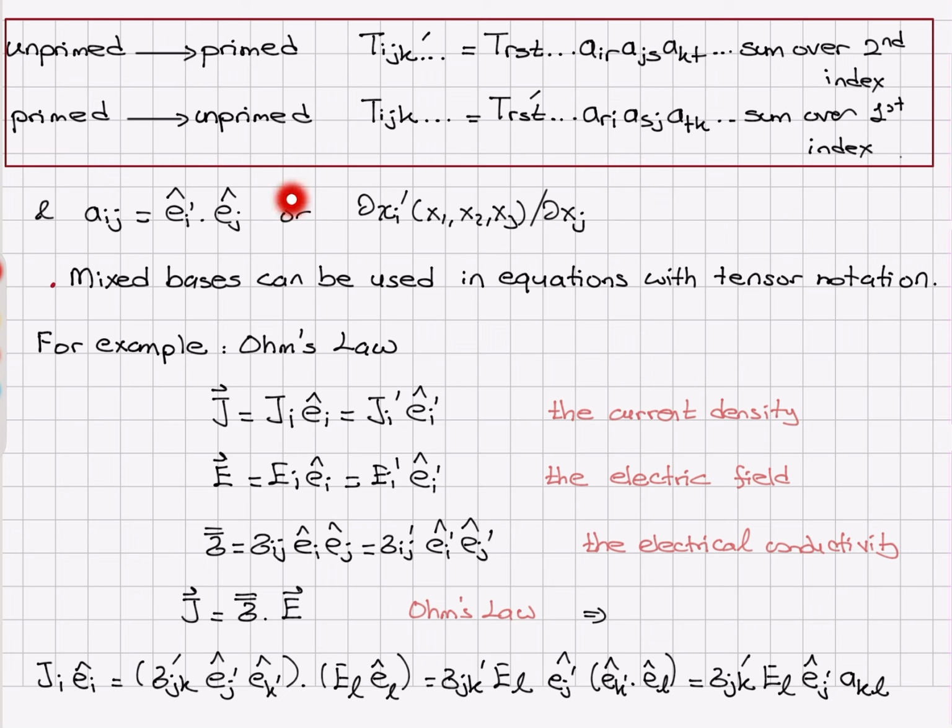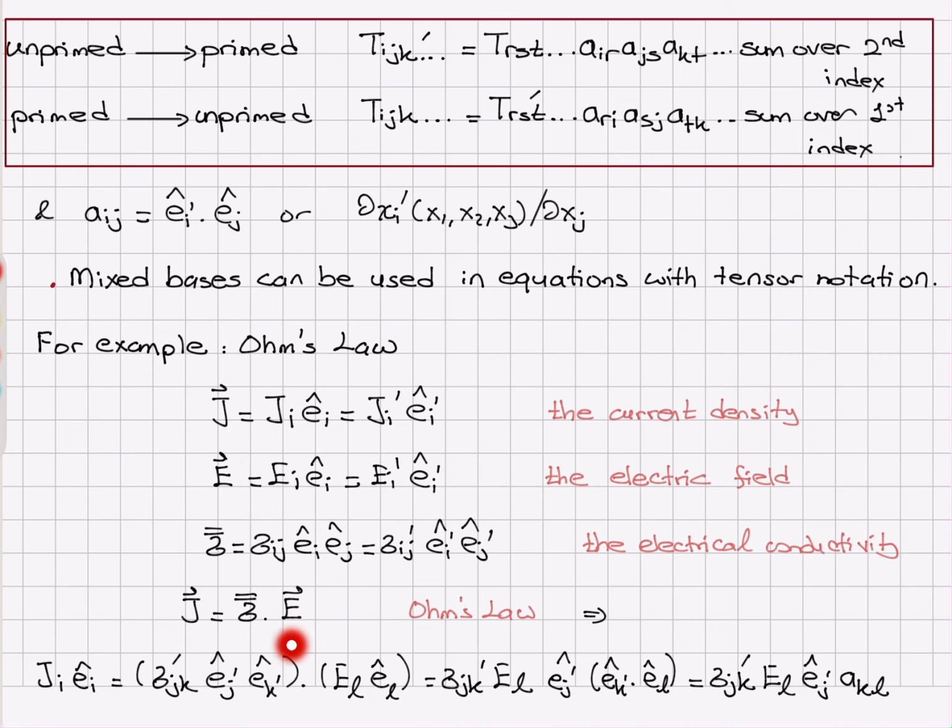And the transformation matrix elements are obtained by e_i prime hat dot e_j hat is A_ij, or partial x_i prime over partial x_j from the coordinate transformation equations. And these transformations allow me to work with either primed or unprimed systems or mixed systems as well.